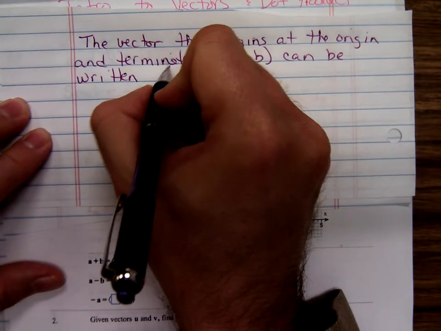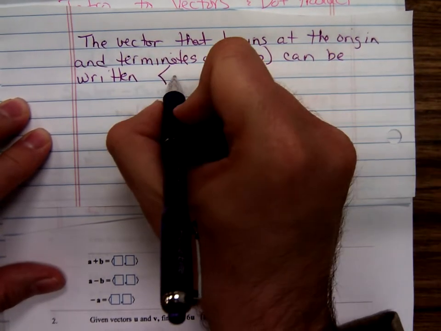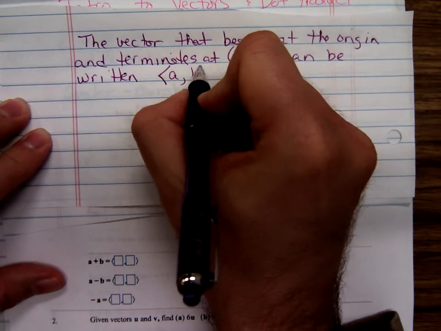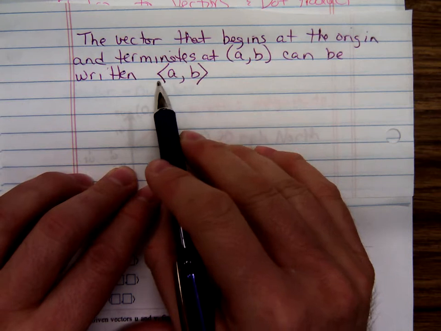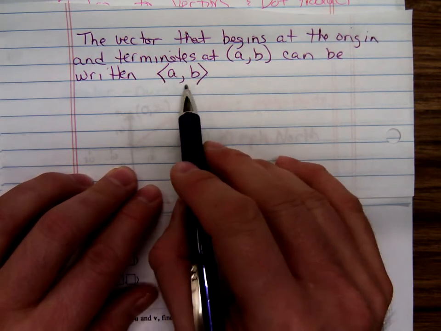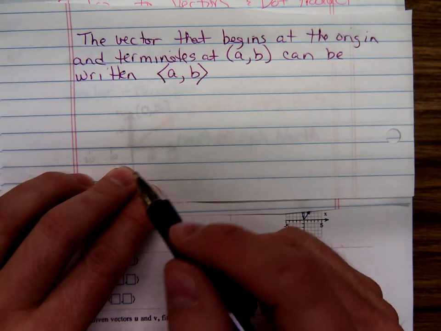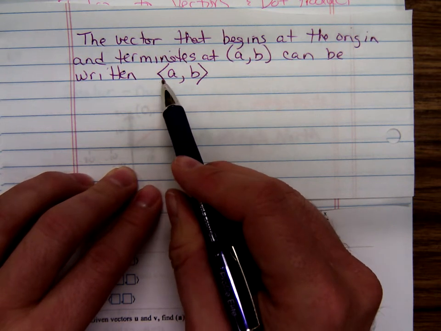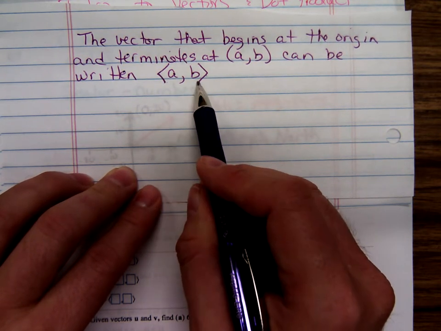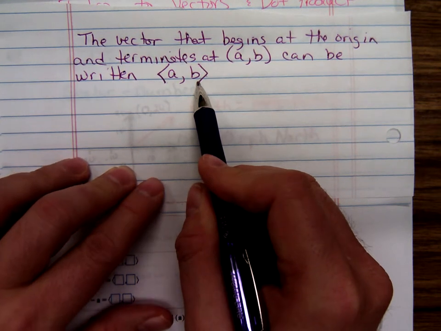The notation I prefer has some braces that look like greater thans and less thans. I'm not just making pointy parentheses. If you have this little notation around the ordered pair, that means it's a vector.